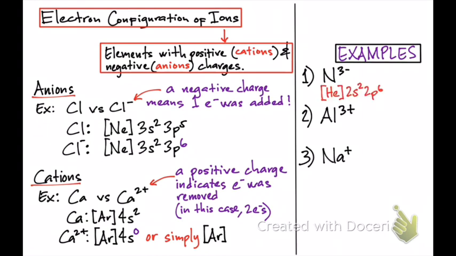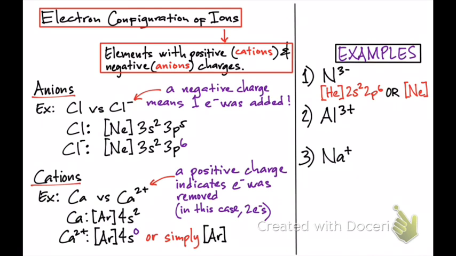The electron configuration then looks something like this: helium, 2s2, and 2p6 for a total of 10 electrons. This is actually the same electron configuration as neon, because now the number of electrons of the nitride ion is the same as the number of electrons of a neon atom.